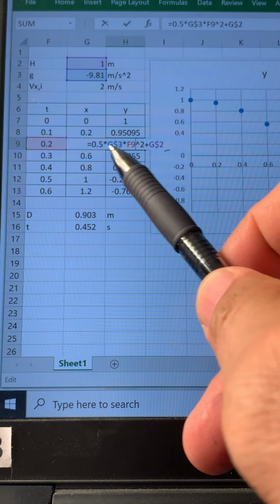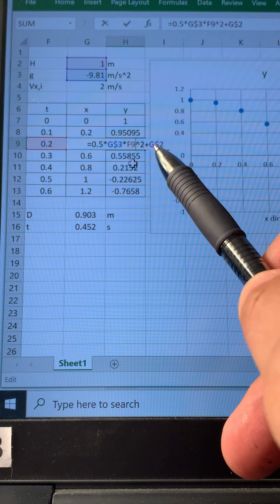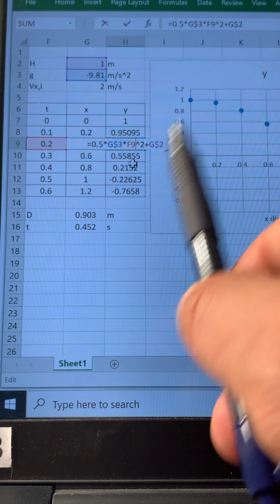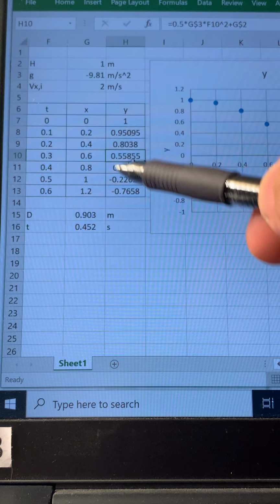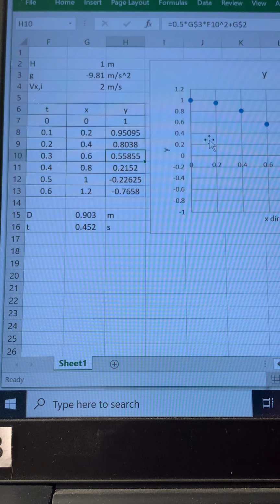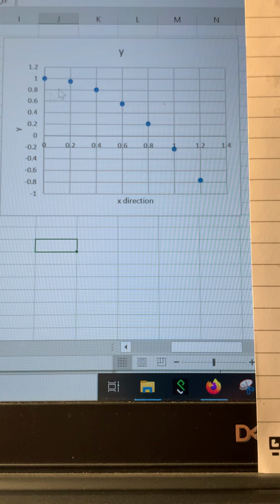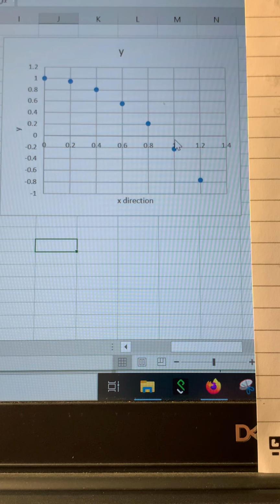So y is 1/2 g times time squared plus H, the initial value. Now if I just calculate these over a range of time, you can see this is just plotting these coordinates, that y is going down, or I'm sorry, the ball position is going down versus time. So each of these is a different time step, and it's moving out in the x direction.